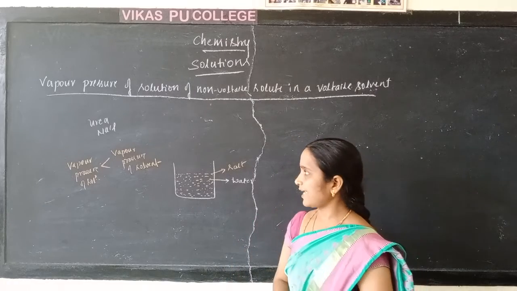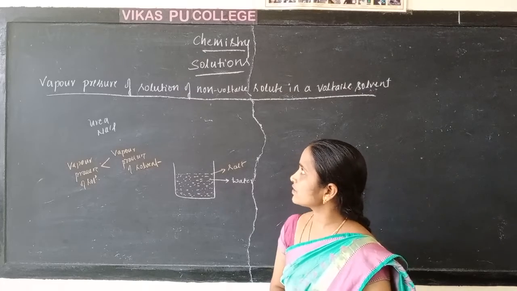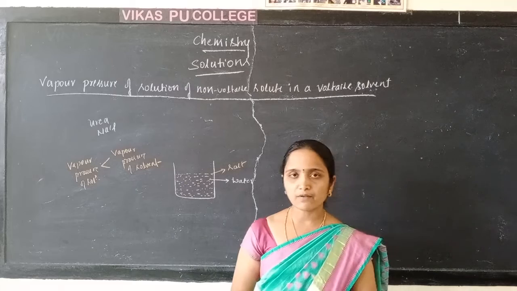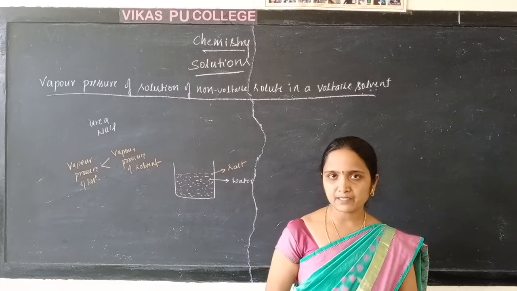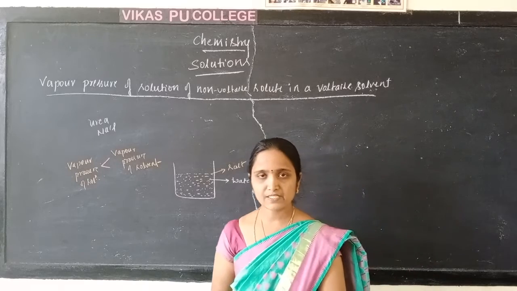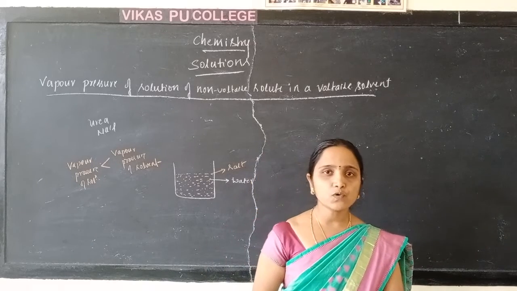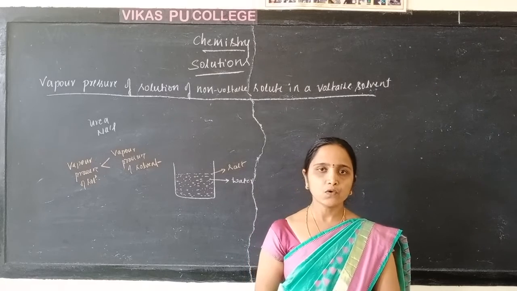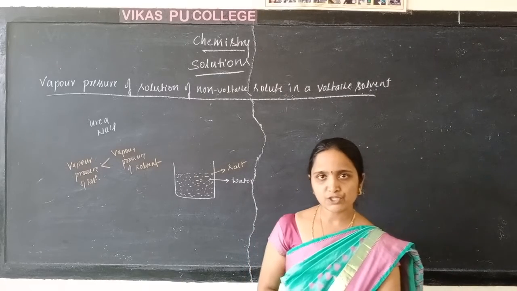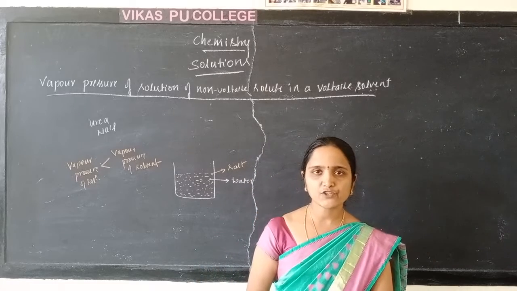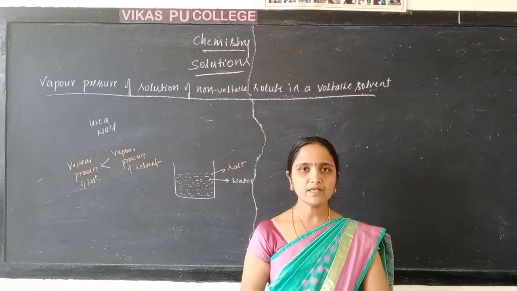This lowering of vapor pressure of a solution of a non-volatile solute in a volatile solvent is stated by Raoult's law. It states that the relative lowering of vapor pressure is equal to the mole fraction of the solute.